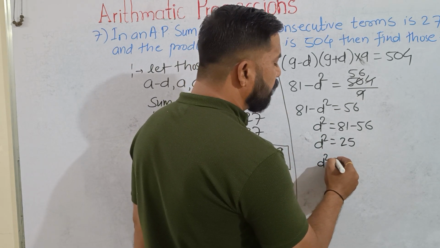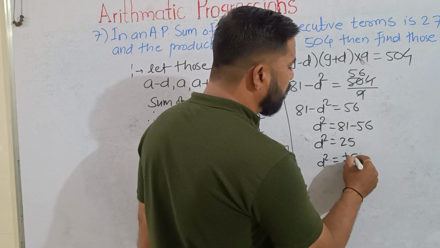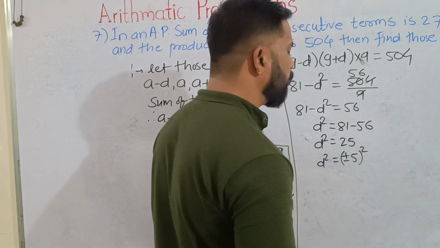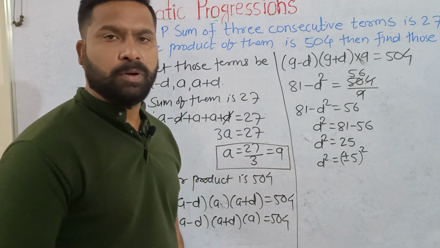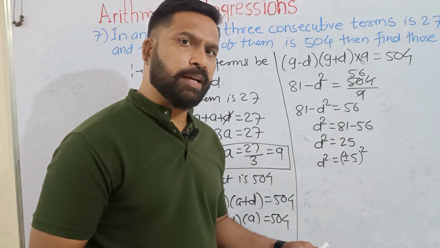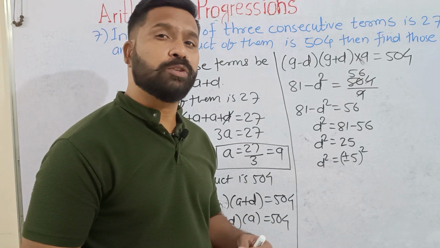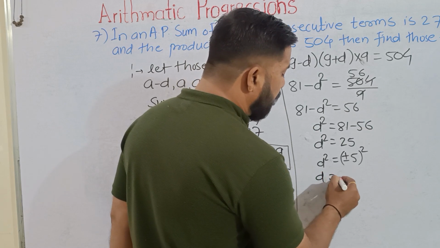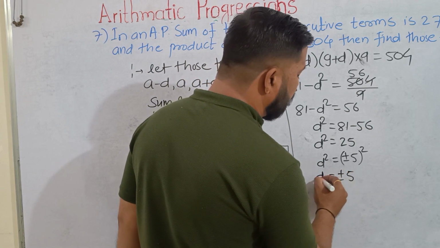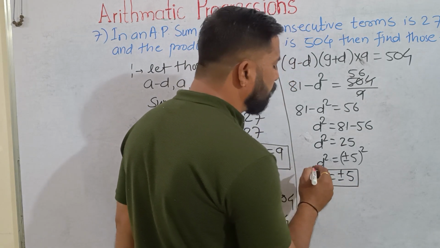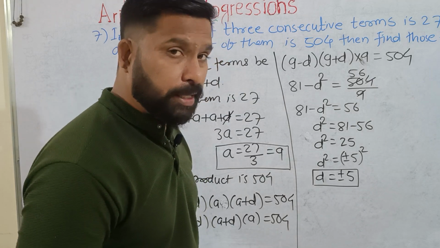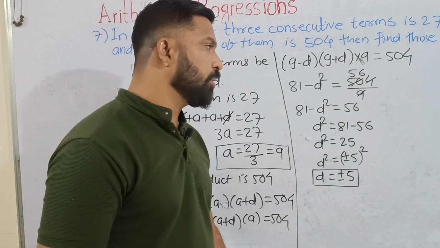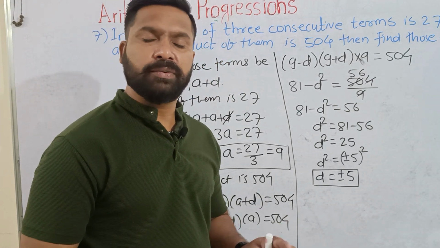D is equal to plus minus 5, because the square of 5 is 25, and the square of minus 5 is also 25. So, what is d? Either positive or negative 5. We are not confirmed whether it is positive or negative, but we can tell what if it is positive and what if it is negative.